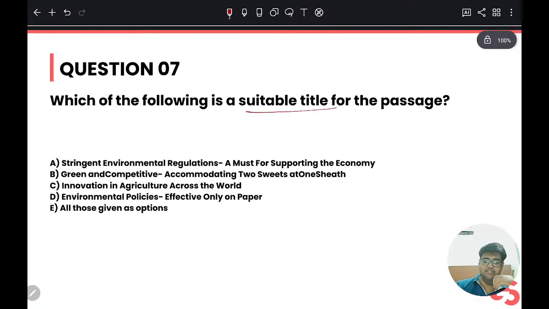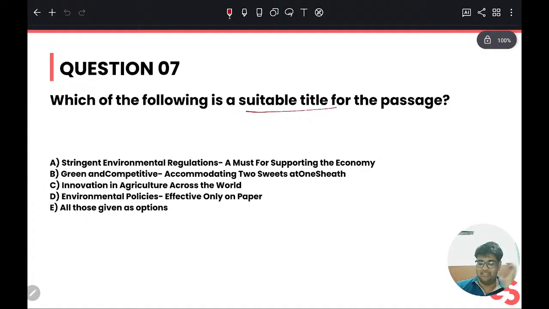Which of the following is a suitable title for the passage? Let's see. Stringent environmental regulations are a must for supporting the economy. The topic was about creating a leeway so that the innovations would be there. So no. Green and competitive, accommodating the two sweets at one sheet.